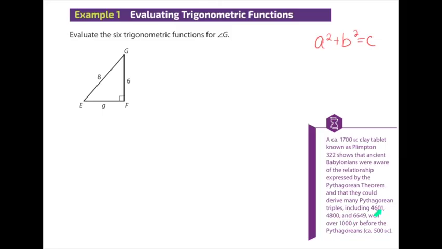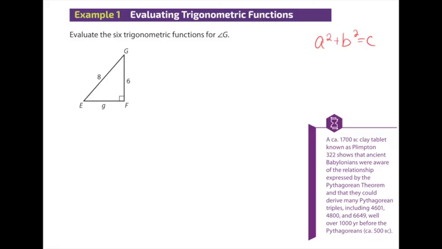This was over 1,000 years before Pythagoras even came on the scene at 500 BC. So he's credited with taking note that this is an actual thing that works every time and recording it. But we have records of them using this theorem for right triangles long before he was born. But anyway, I just found that interesting. So yes, Pythagorean theorem, a squared plus b squared equals c squared.